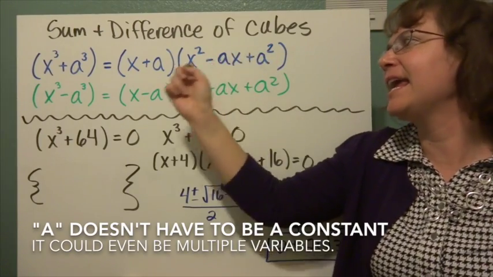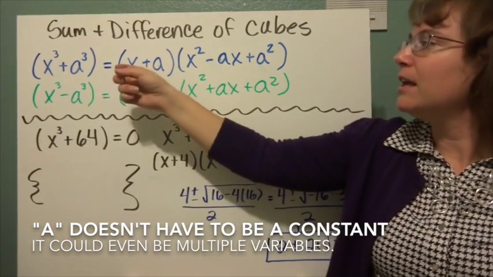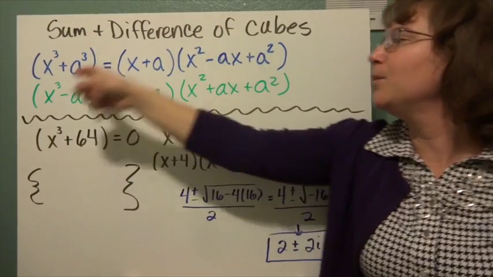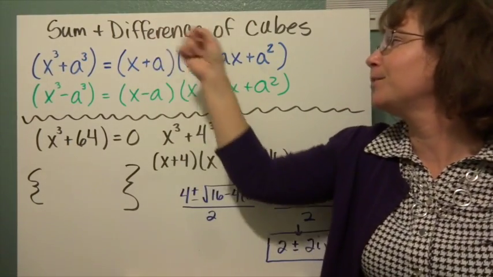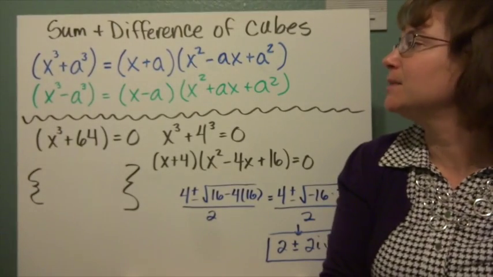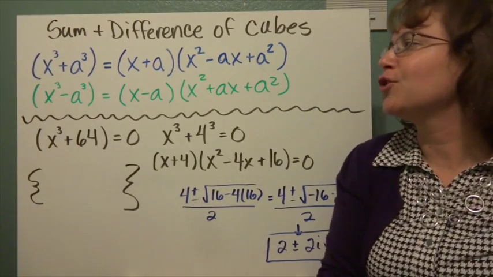Depends on what a is. a is some constant. And so if you were to multiply through and simplify, you'd get back to x cubed plus a cubed. And that would be a good exercise for you to try to make sure that you know this is true.